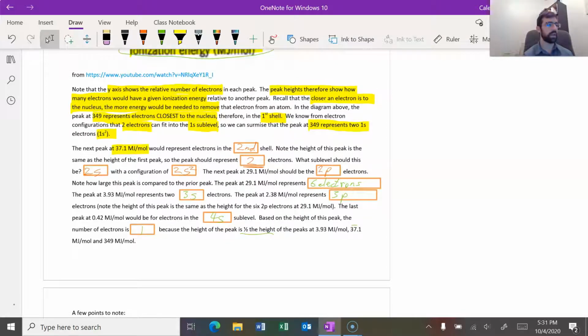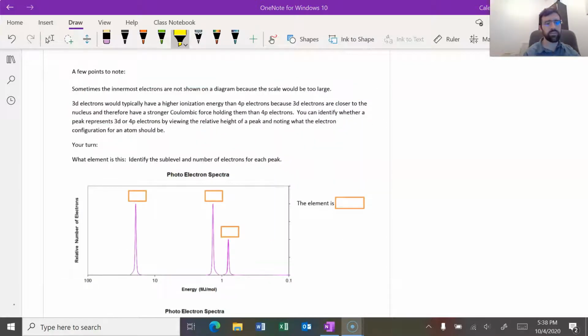All right. And here are a few points that we want to note when it comes to photoelectron spectroscopy. Sometimes the innermost electrons aren't shown on a diagram because the scale would be too large. These photoelectron spectra can be really long. We'll let you know when that's the case, but you also might see several photoelectron spectra stacked on top of each other.